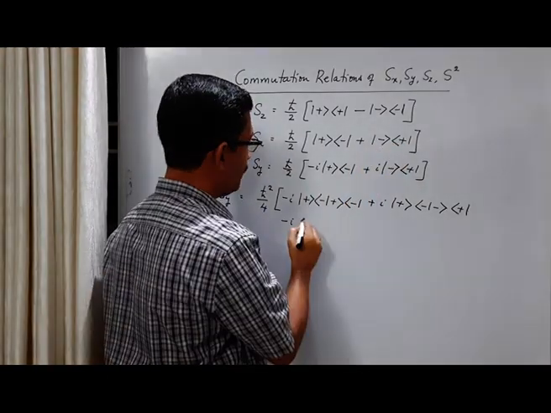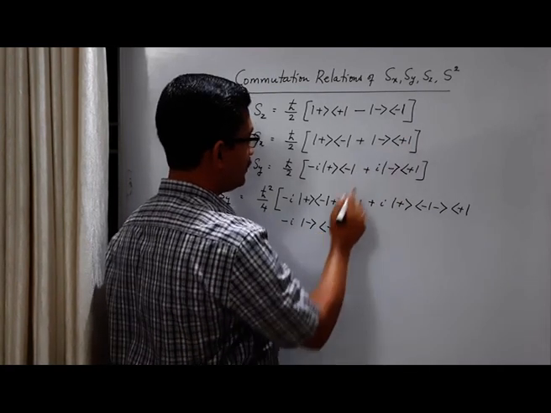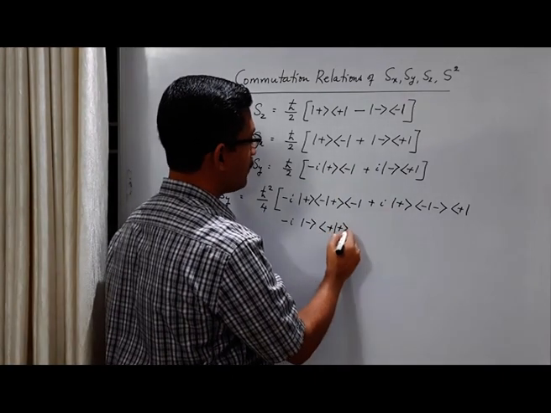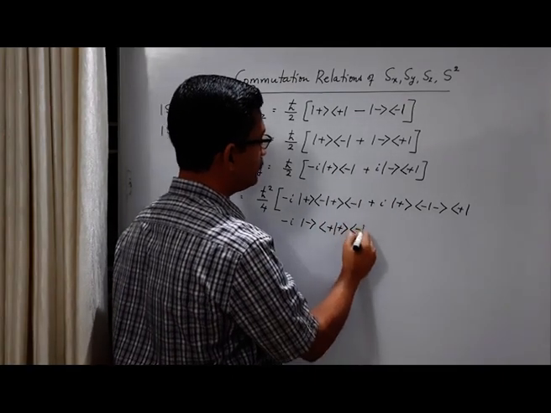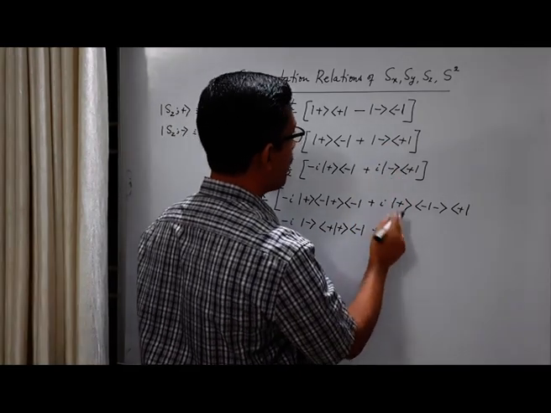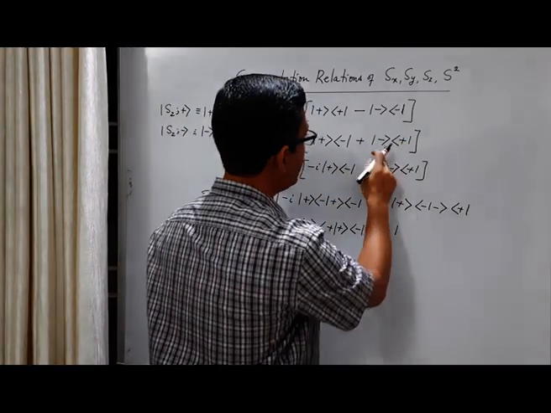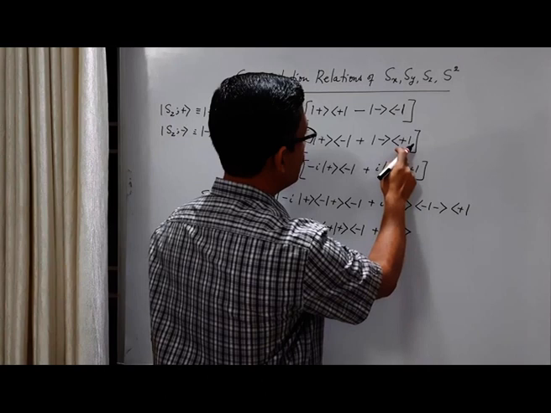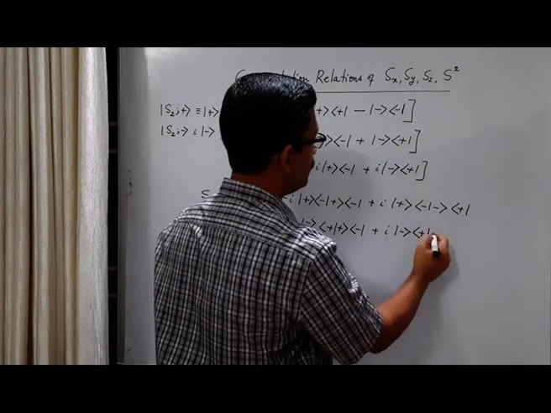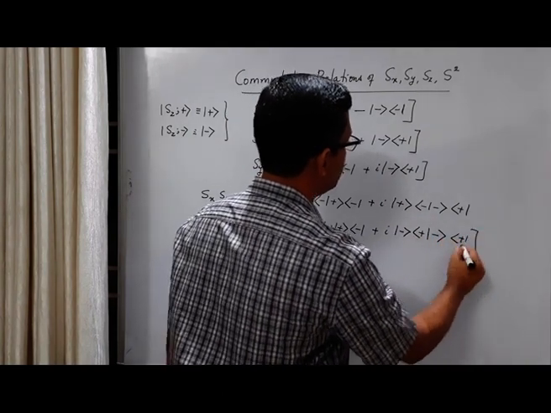So you have ket minus bra vector plus, but this bra vector is acting on this ket vector, right? So you have ket plus, then bra vector minus. Then this into this, you have this i, and this is appearing on the left side. So we have ket minus bra vector plus, but this bra vector plus is acting on this one. So ket minus, then bra vector plus. These are the 4 terms.